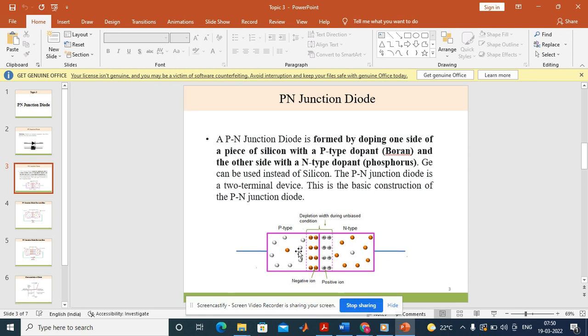In this way, the majority carriers of p-type and n-type will get attracted towards each other nearer to the junction, and they get nullified when a p-type majority carrier hole gets combined with an electron. The n-type material majority carriers get recombined. So as a result, nearer to this junction will have only the negative ions towards p-type and the positive ions towards the right side of this depletion region.